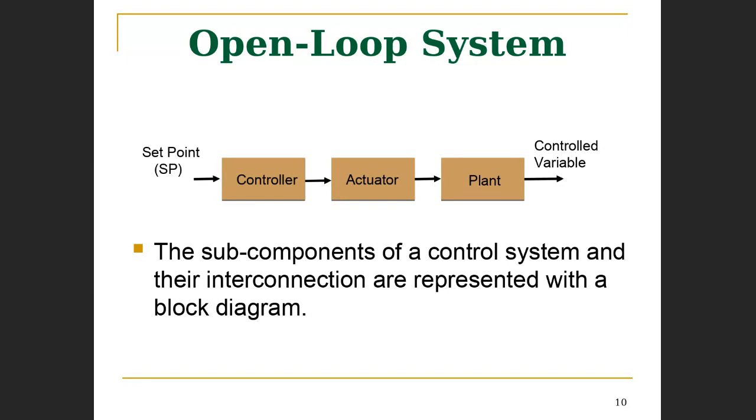A group of components working together to achieve the desired outcome. Now, just to remind you, in engineering, block diagrams are very common, okay? And we need to understand what a block diagram is and how it is used.